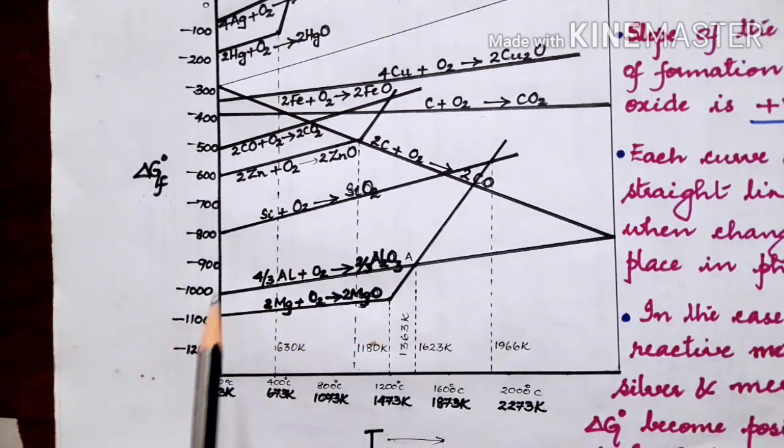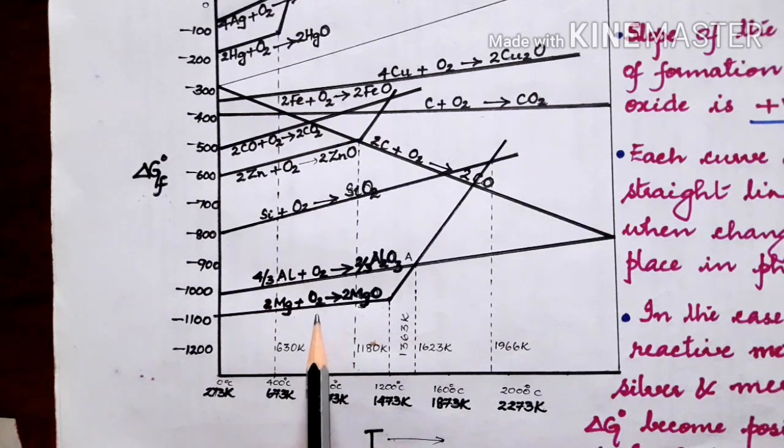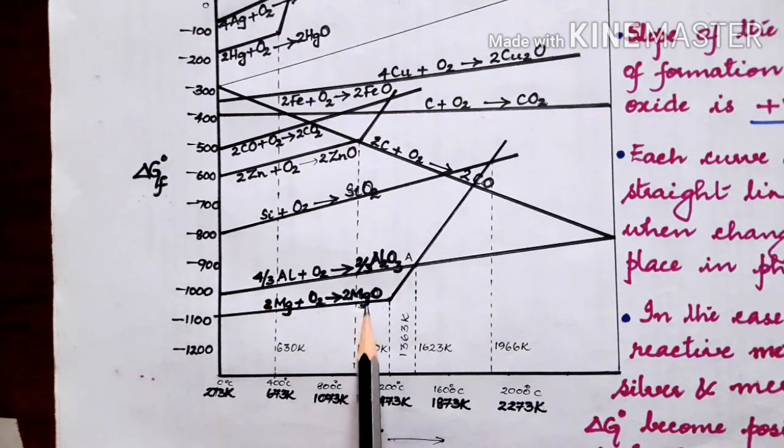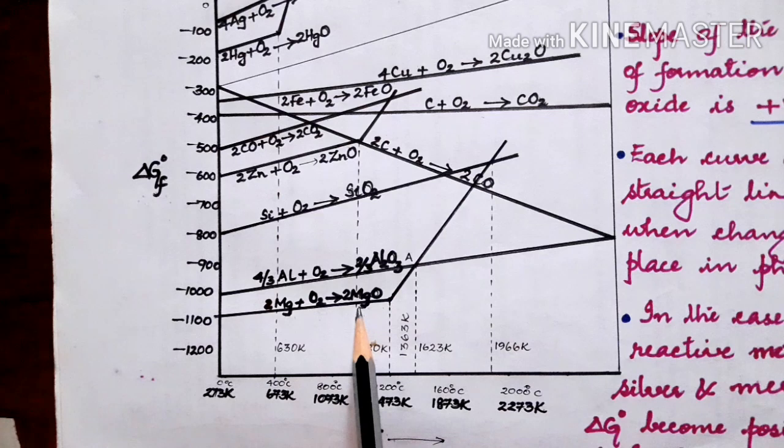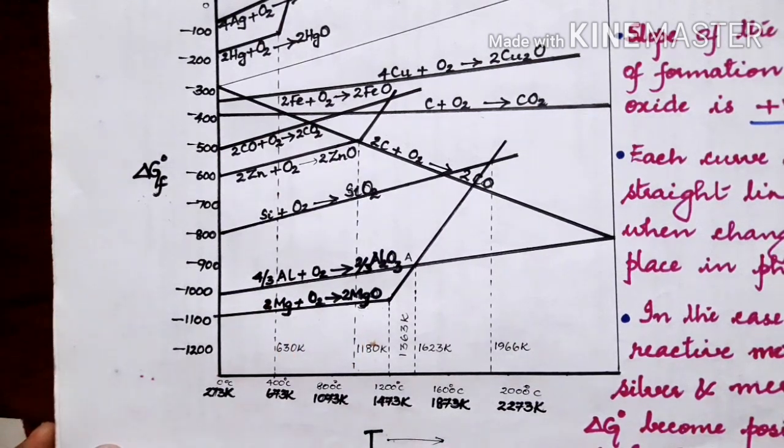On checking the values, you find that as the reaction proceeds, the amount of oxygen gets used up. That means the gas state is converted to a solid oxide, and delta S becomes negative. When delta S becomes negative, T delta S becomes more negative.